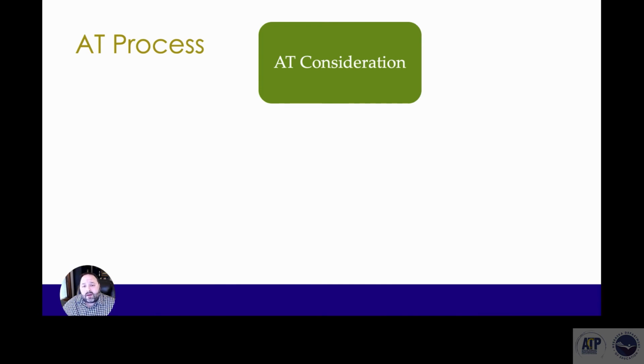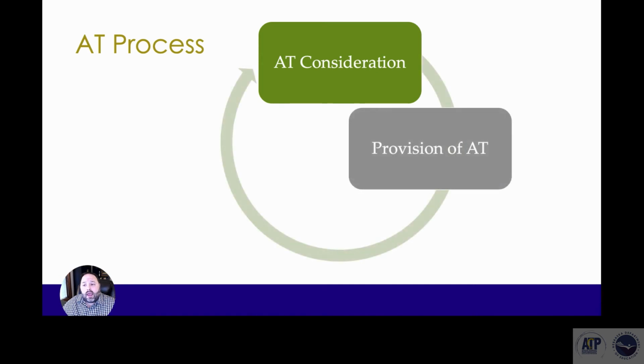AT consideration is an important starting point. If the answer is yes, we may go through a process to determine then what assistive technology is needed. Hopefully, we'll have that information already. And we then go on to the provision of the assistive technology.